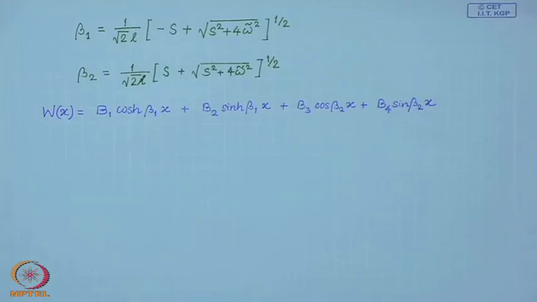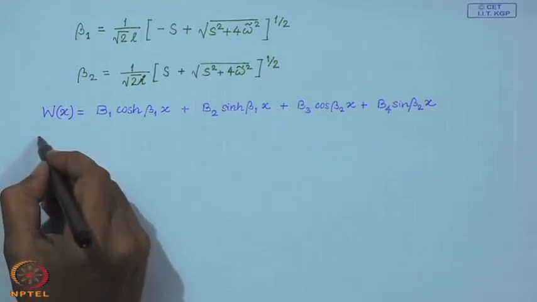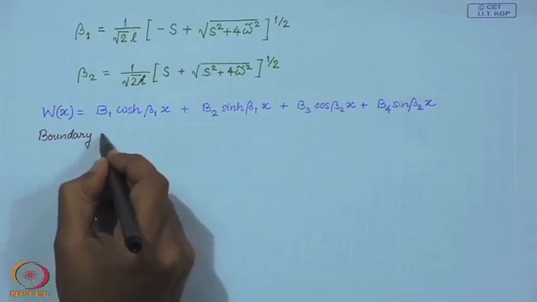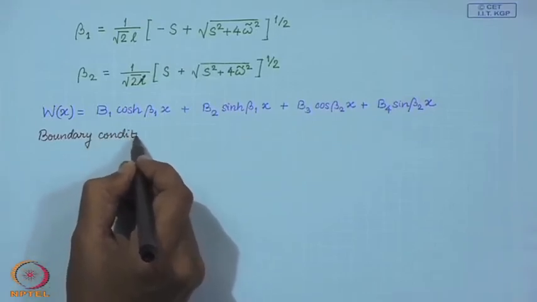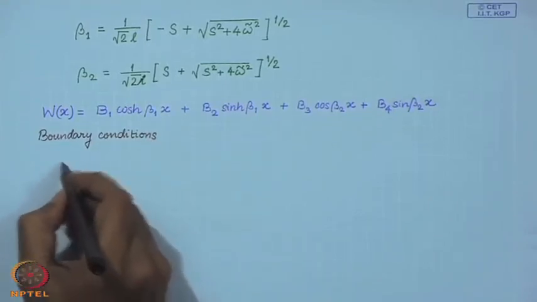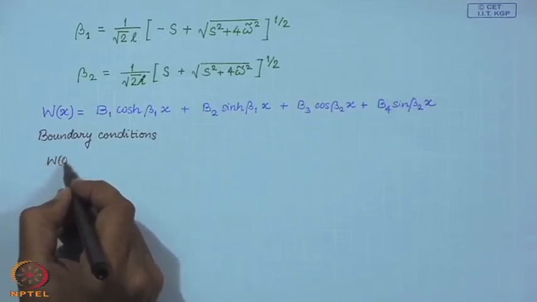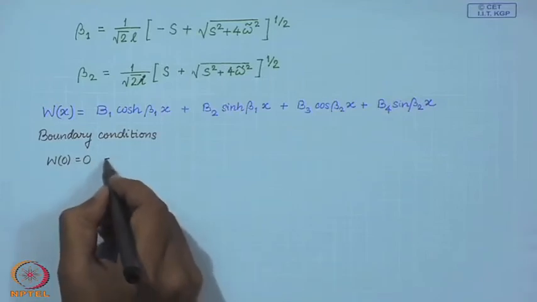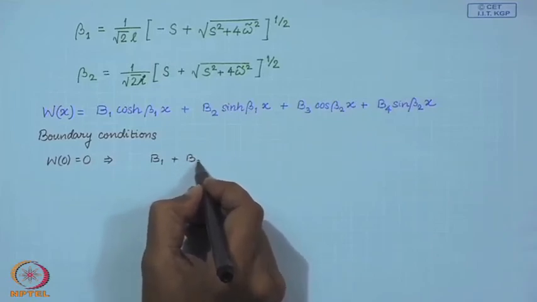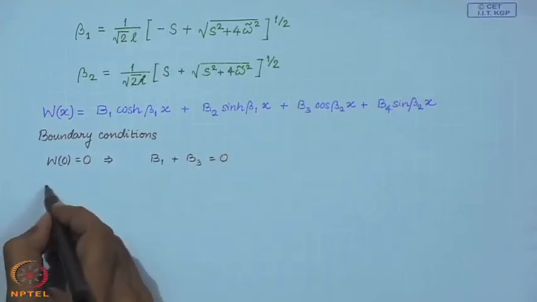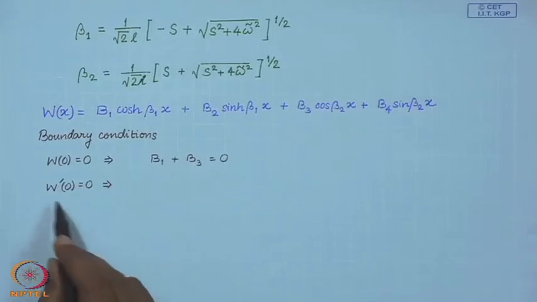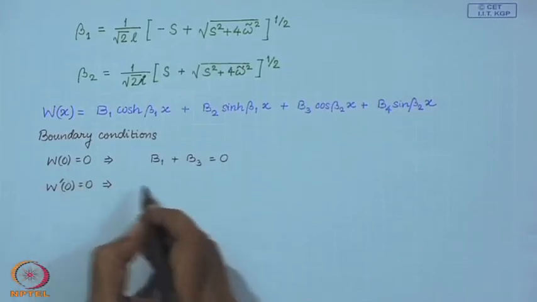Now, we must use the boundary conditions. So, the boundary conditions as I had written down. The slope, so displacement slopes being 0.